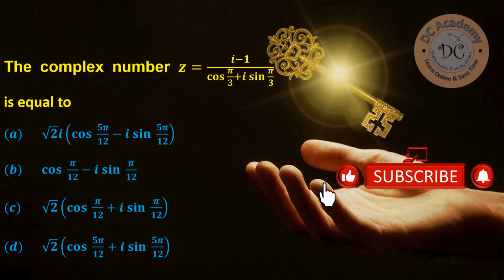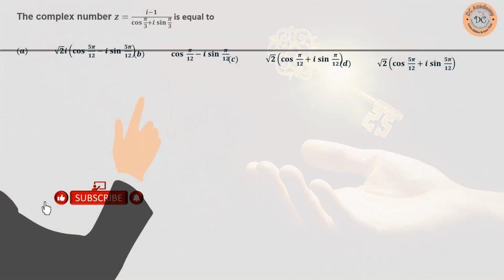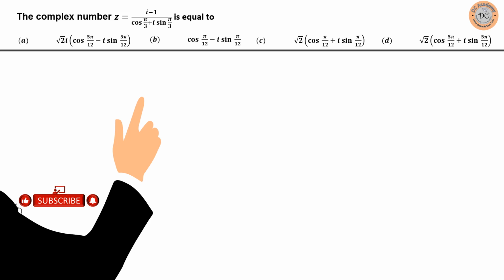Third or last problem for this video, we have to find the complex number z, and whichever options are equivalent. So let's solve it. We consider the complex number z, which is i minus 1 divided by cos pi by 3 plus i sin pi by 3.